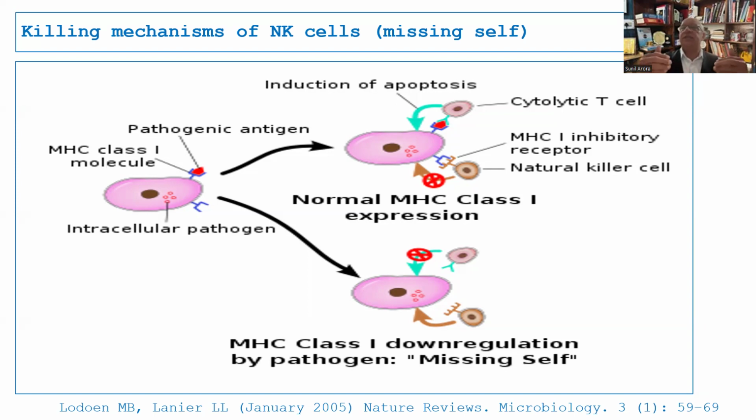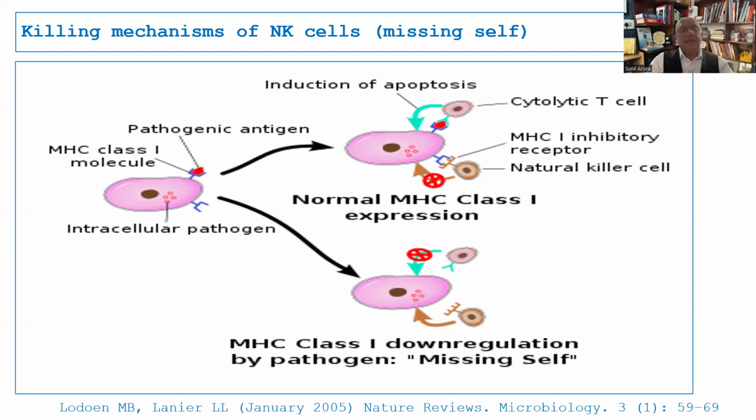They express CD16, an FC gamma receptor, which binds to IgG, and IgG binds to the pathogen or cancer cell. This leads to antibody dependent cellular cytotoxicity, which is the hallmark of these NK cells.